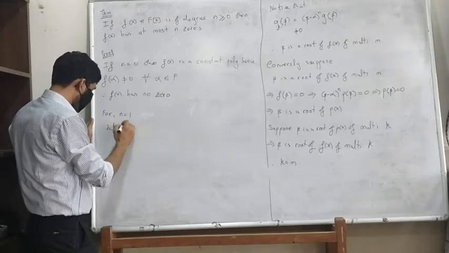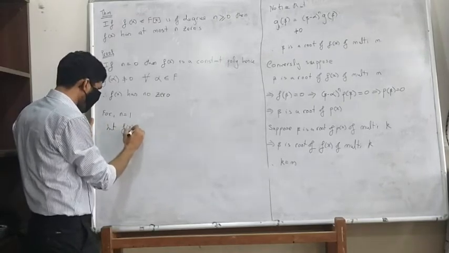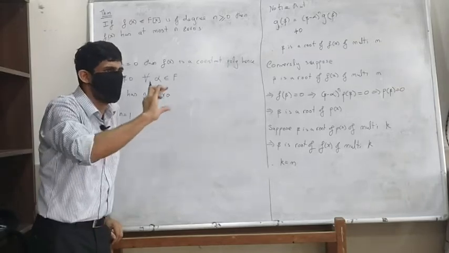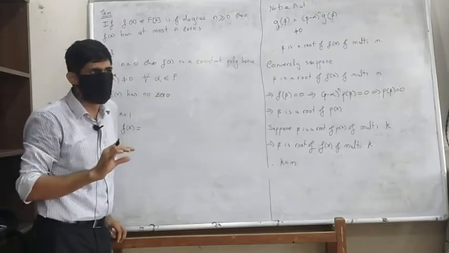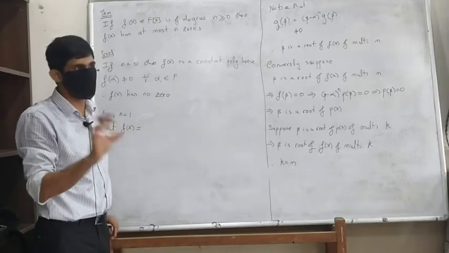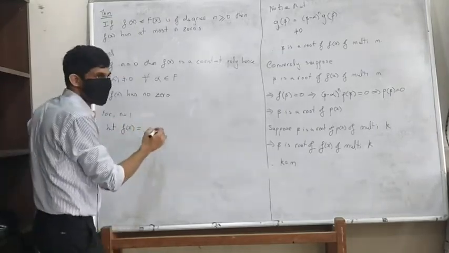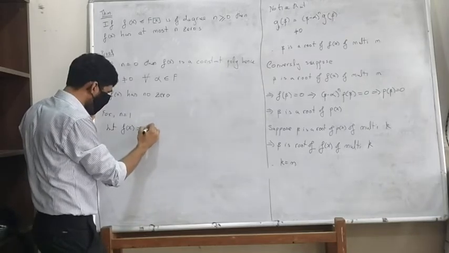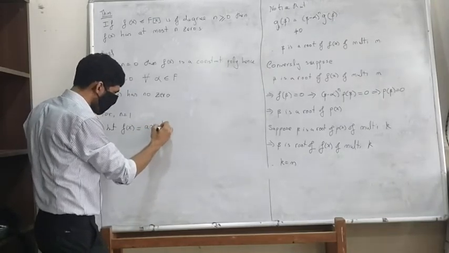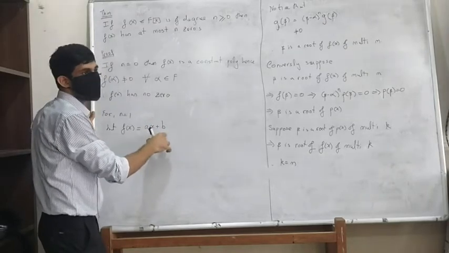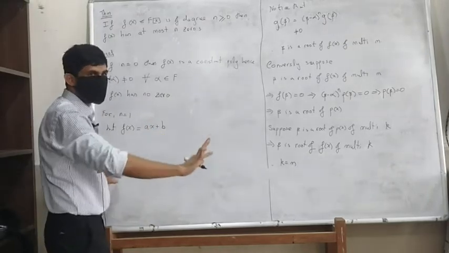I will start writing polynomials in this manner, not in the series form, because I understand that you know they are actually formal power series, but this gives an easier notation. So let's say f is ax plus b, that means the coefficient of x is a, the constant coefficient is b, and everything else is 0.